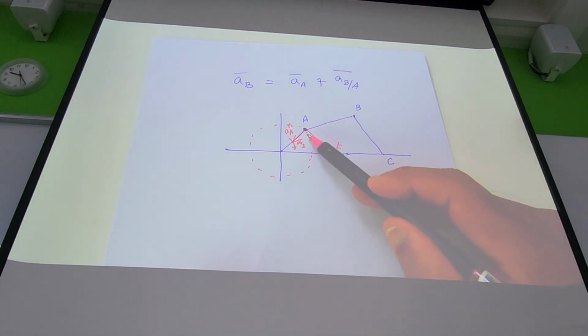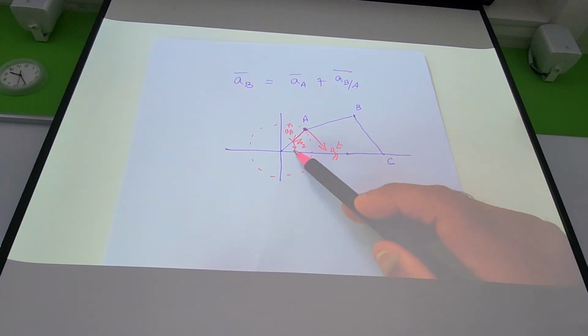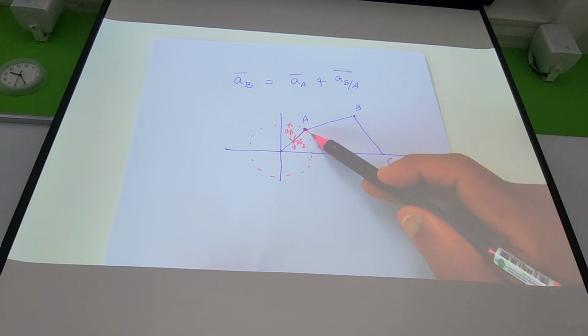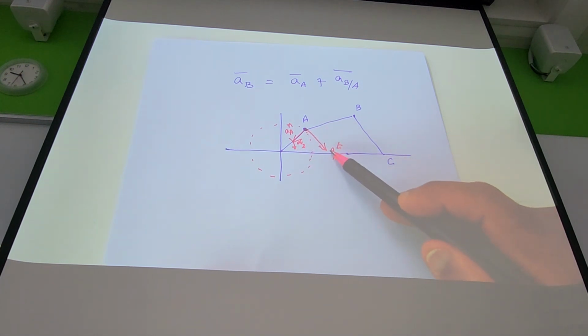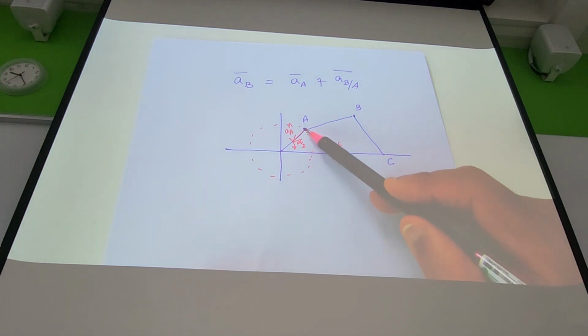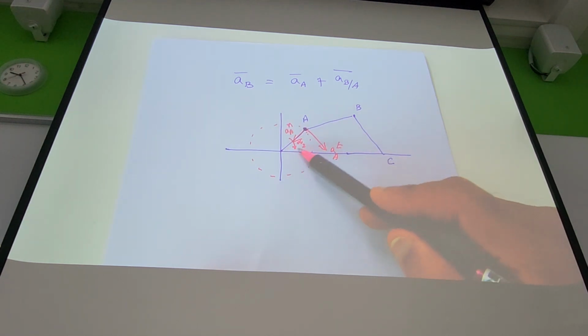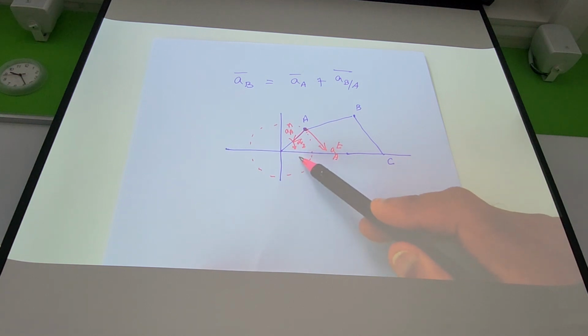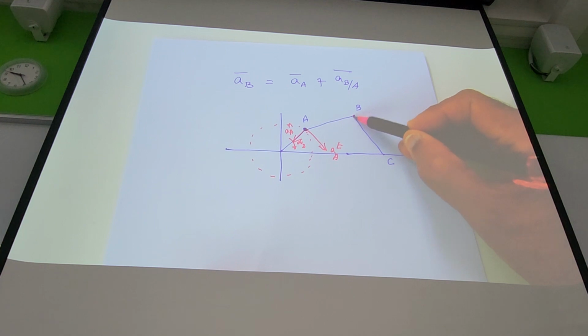The normal component will be in this direction and the tangential component will be perpendicular to the link. Whether it is downwards or upwards depends on the direction of the angular acceleration of link 2.